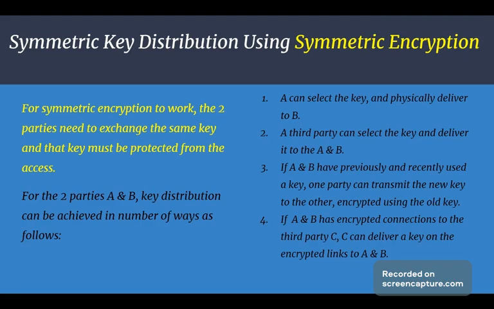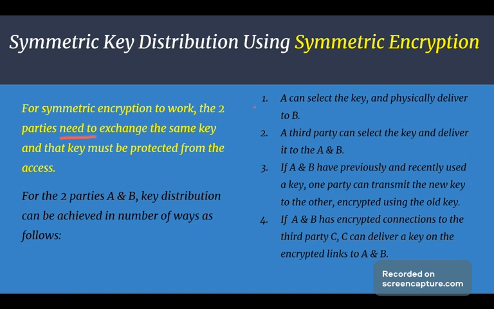So the next topic is symmetric key distribution using symmetric encryption. For symmetric encryption to work, the two parties need to exchange the same key, and that key must be protected from access. For the two parties A and B, key distribution can be achieved in a number of ways as follows.